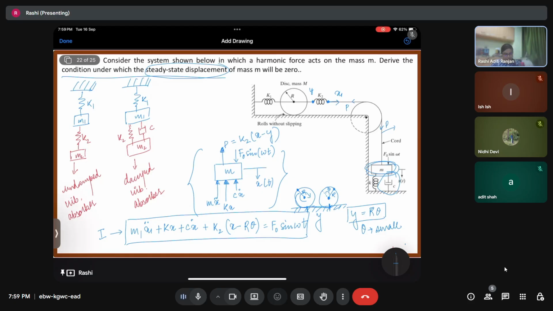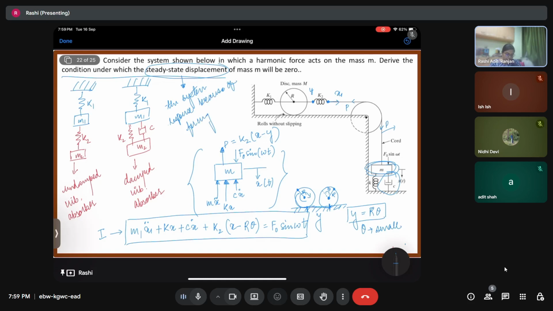Steady state displacement is mostly concerned about the system response because of forcing.